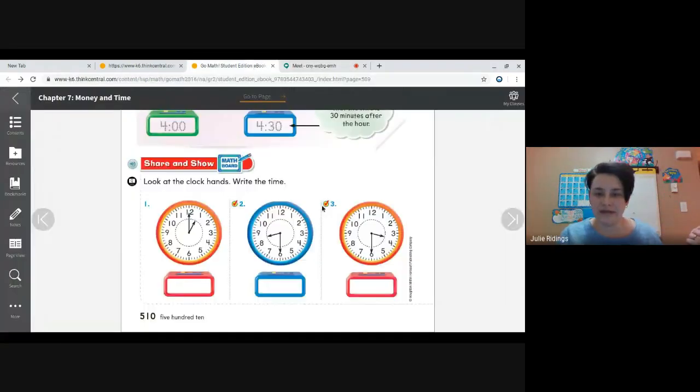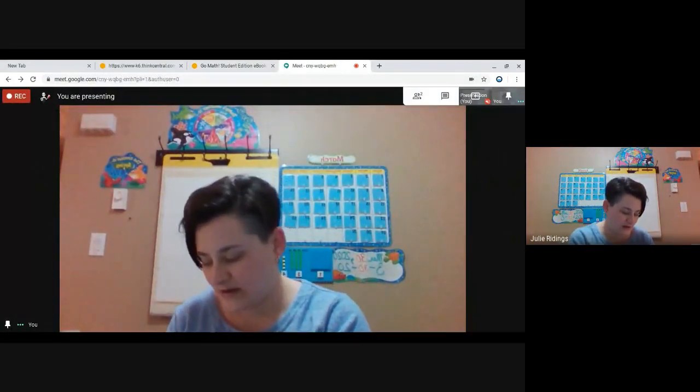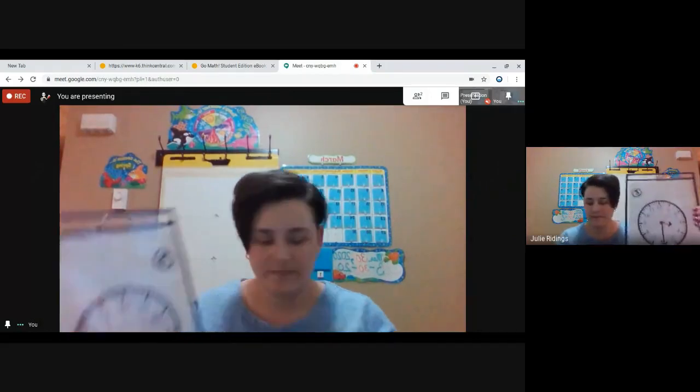Number 3 shows the hour hand between the 3 and the 4, but our minute hand is on what? What is our minute hand on? Our minute hand is still on the 6, but our hour hand is between the 3 and the 4. I'm just drawing it on my clock here.